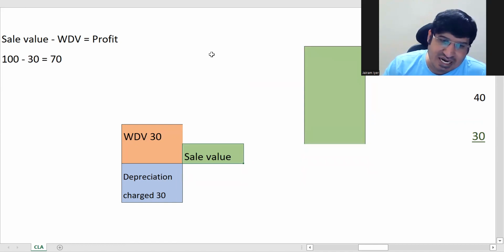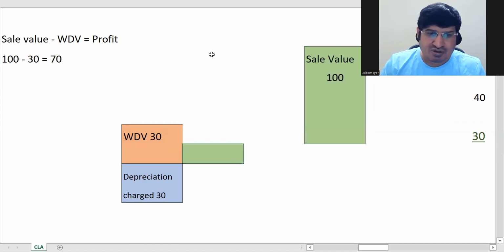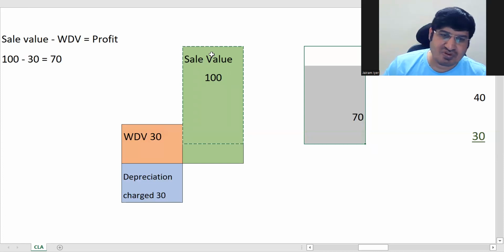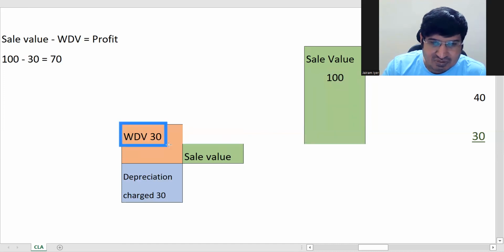There can be two things, correct? One is what we have seen earlier: sale can be more than your WDV. The second thing that can happen is that sale can be less than WDV. So if sale is less than WDV, then just see this part. This part is lost to the person.